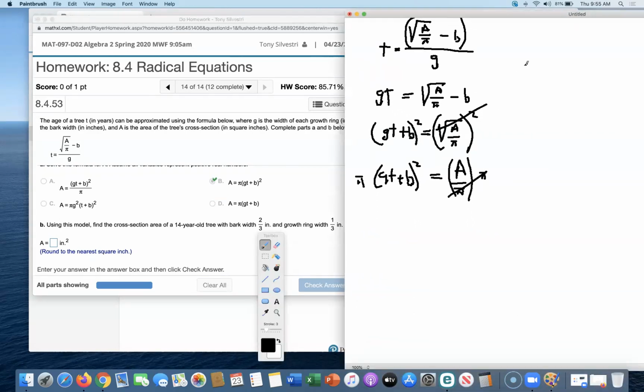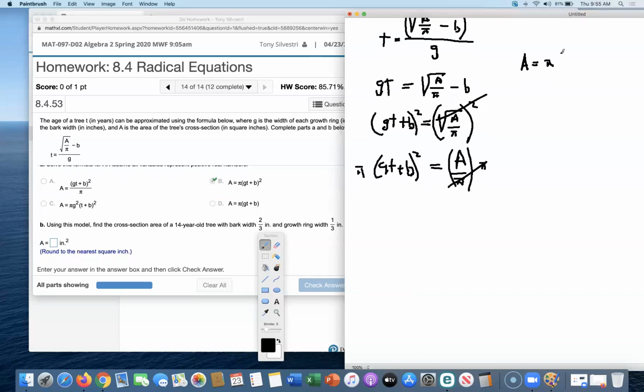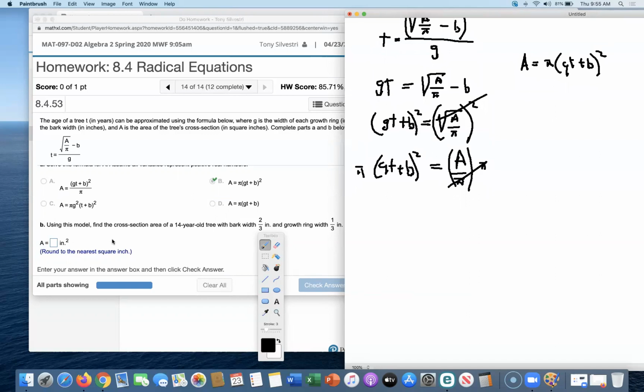Let me make it nice and pretty. I'm going to copy this. A equals pi times GT plus B, and I'm going to square that. Okay, that's the model. What they want us to do is find the cross-sectional area.